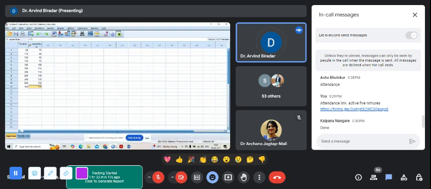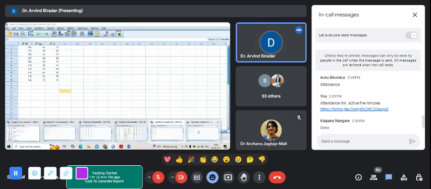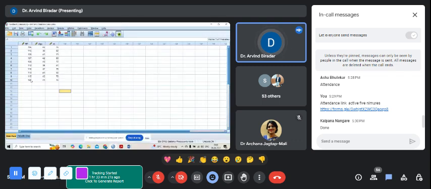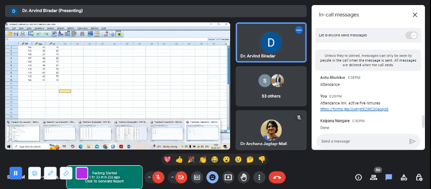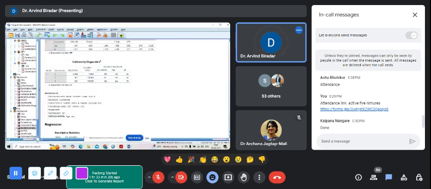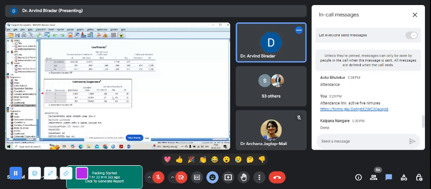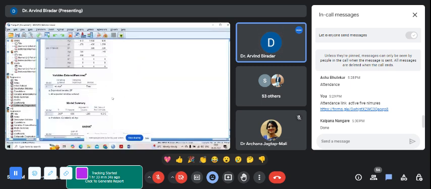Okay, these are random numbers, so that is why it is showing that. There is a negative correlation. See that.